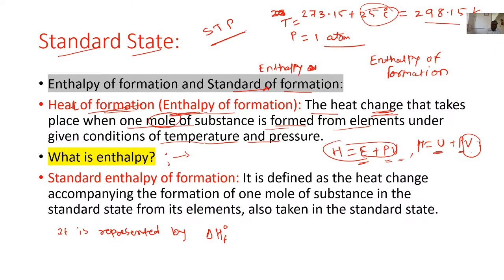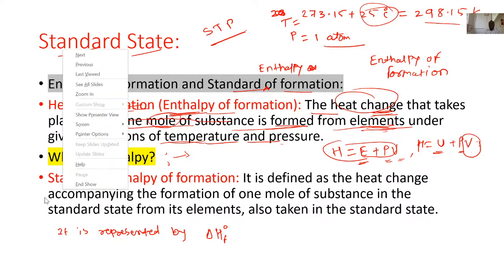So heat of formation, enthalpy of formation, is the heat change that takes place when 1 mole of substance is formed from the elements under the given conditions of temperature and pressure. That is the heat of formation. Well, next one is the standard enthalpy of formation.